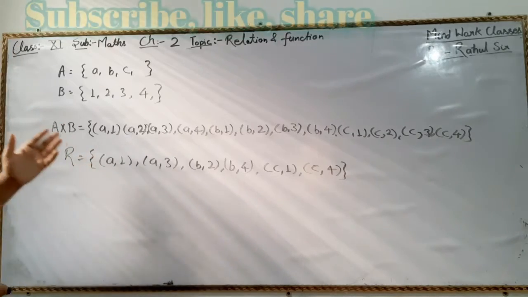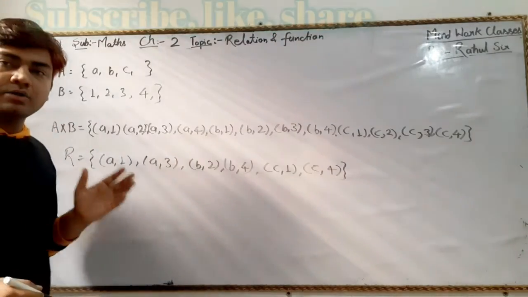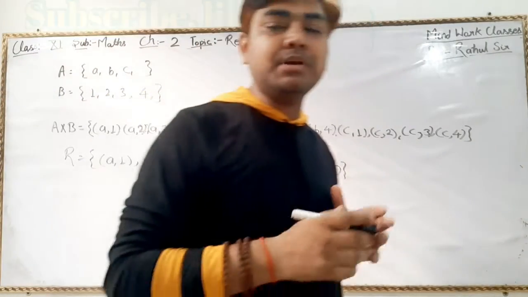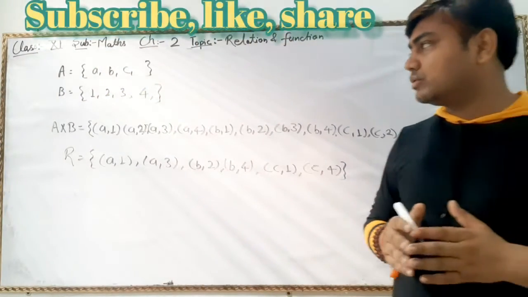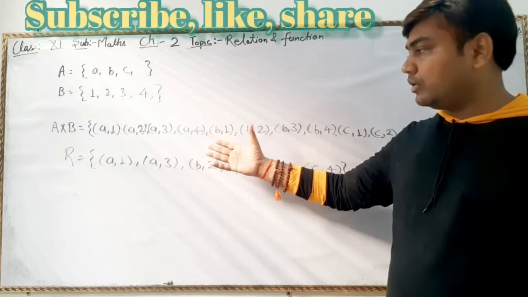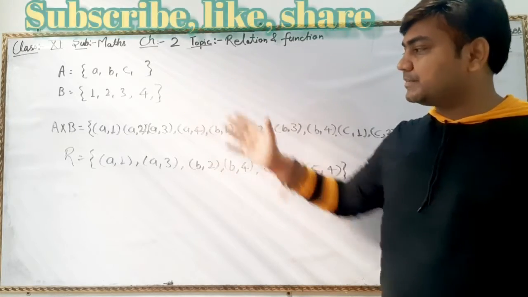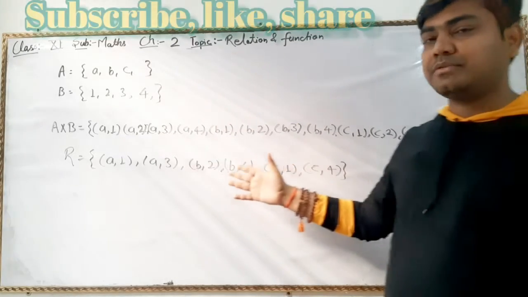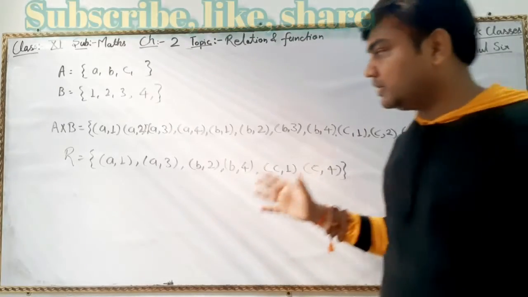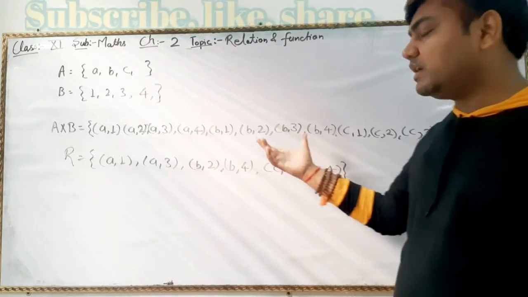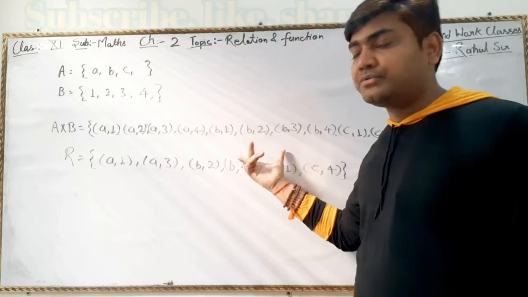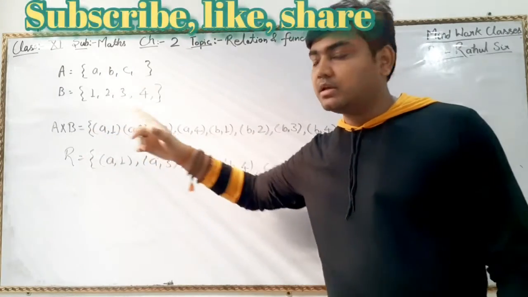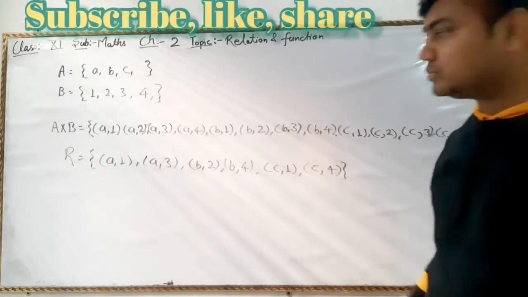That means for finding out any relation between two sets, you must know the Cartesian product of those two sets, and from there you have to find out the relation. So the relation is the subset of any Cartesian product of two sets.